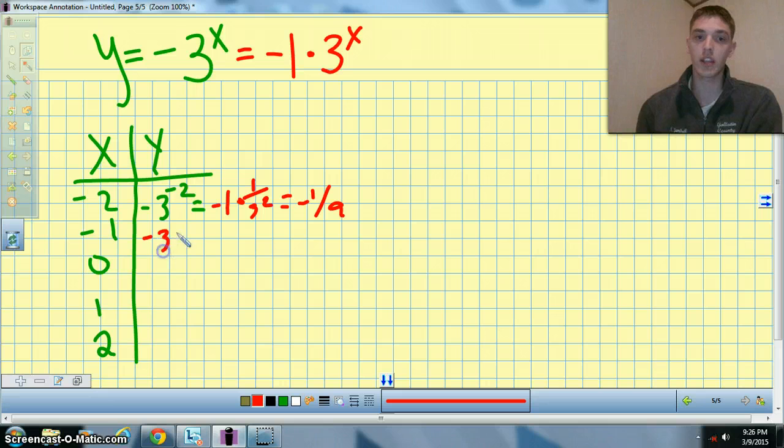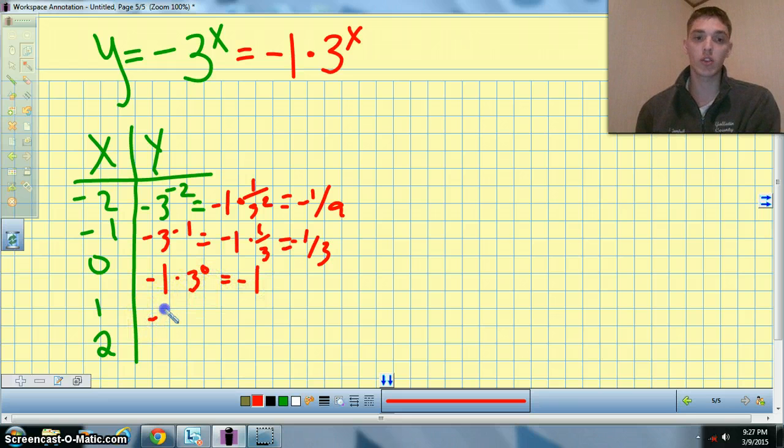And we plug in negative 1: negative 1 times 1 over 3, which is negative 1/3. Plug in the 0: negative 1 times 3 to the 0, which is negative 1. Negative 1 times 3 to the 1, negative 3. Negative 1 times 3 squared, negative 9.